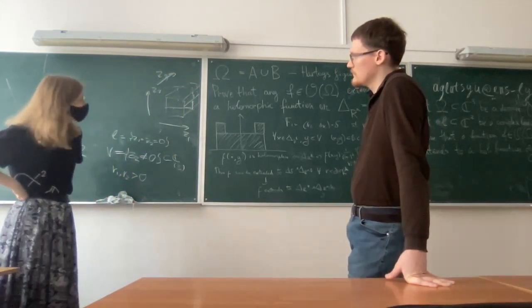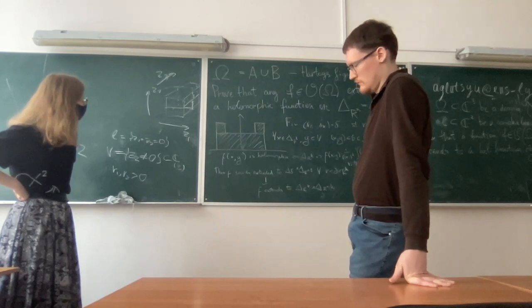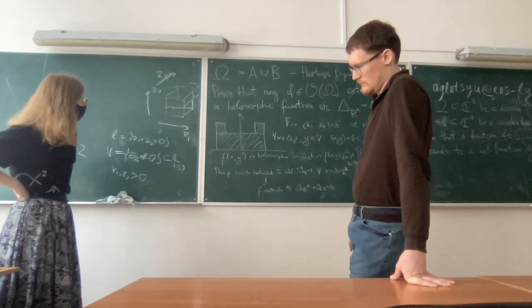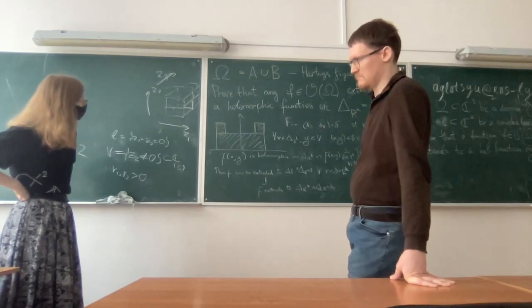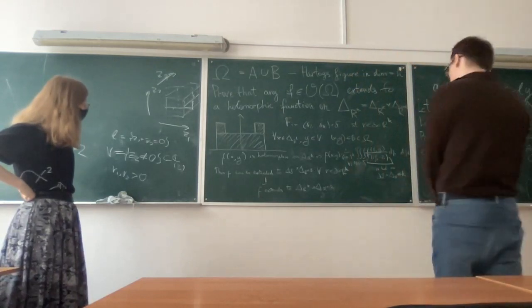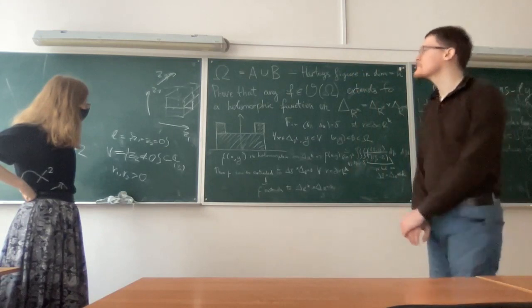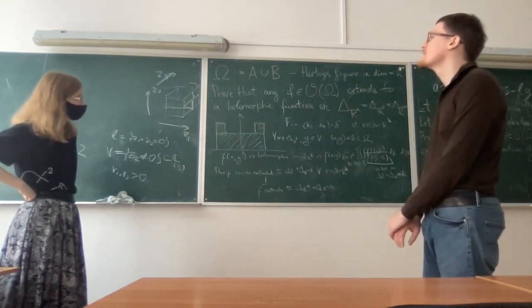And the last one, so we need V, which we multiply by this square. No, we don't have to multiply.